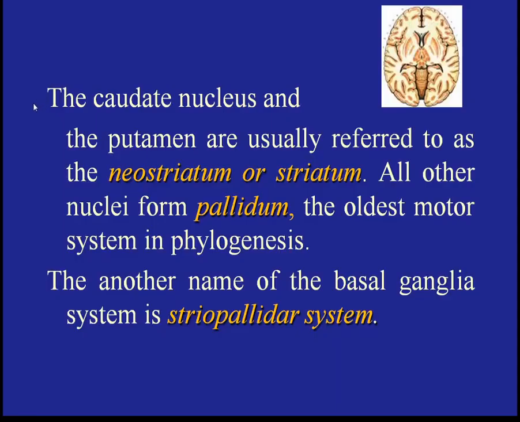The caudate nucleus and the putamen are usually referred to as the neostriatum or striatum. All other nuclei form the pallidum, the oldest motor system in phylogenesis. Another name of the basal ganglia system is the striopallidar system.